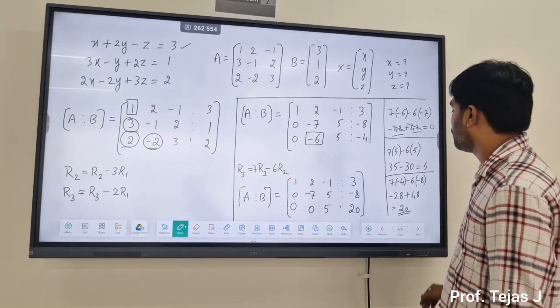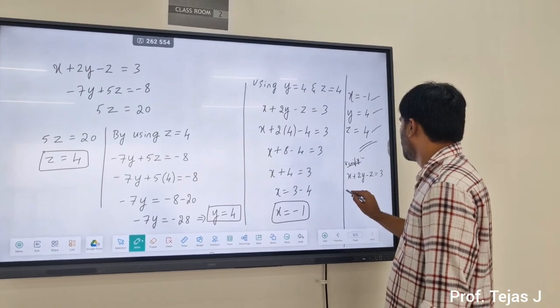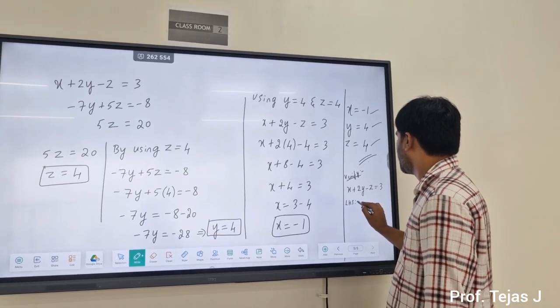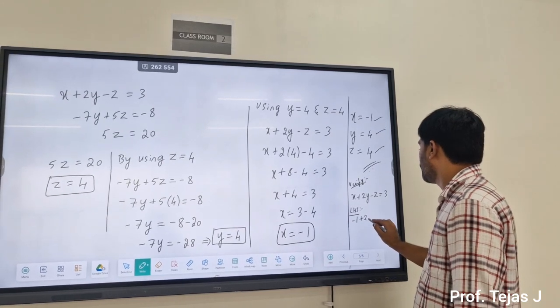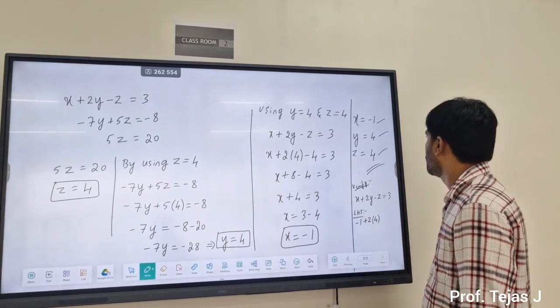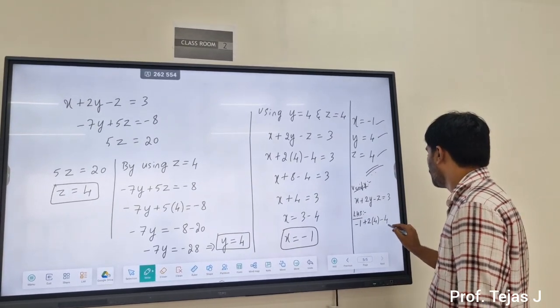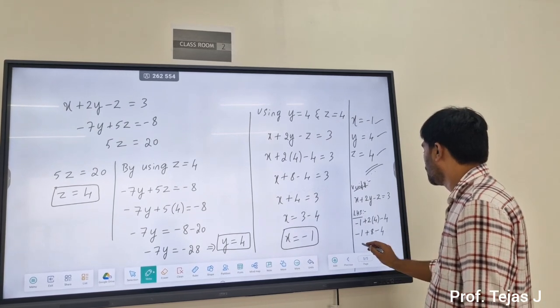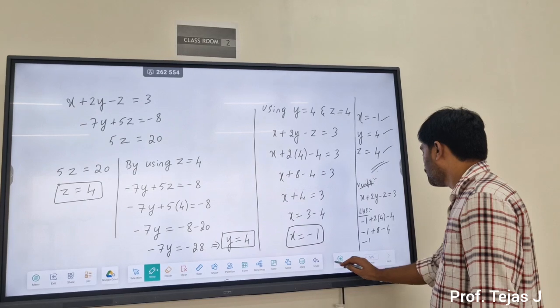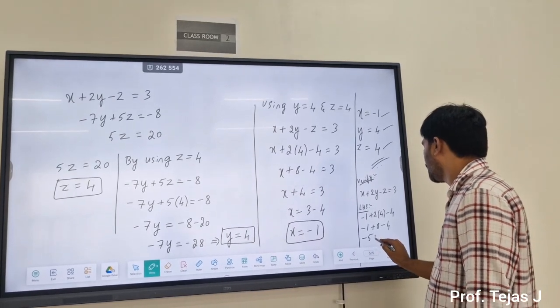Now, take the left hand side and apply these values: x as minus 1 plus 2 into y as 4 and minus z as 4. So this will be minus 1 plus 8 minus 4.